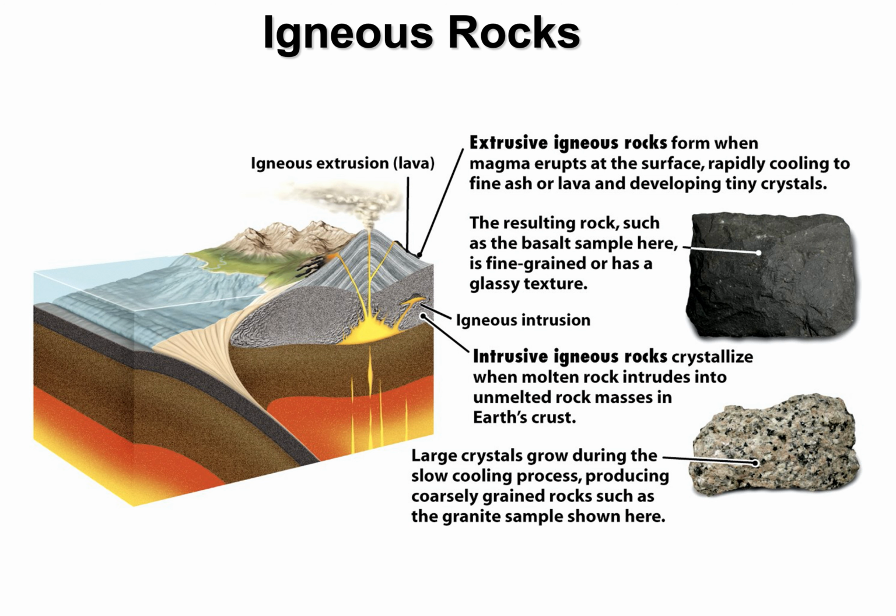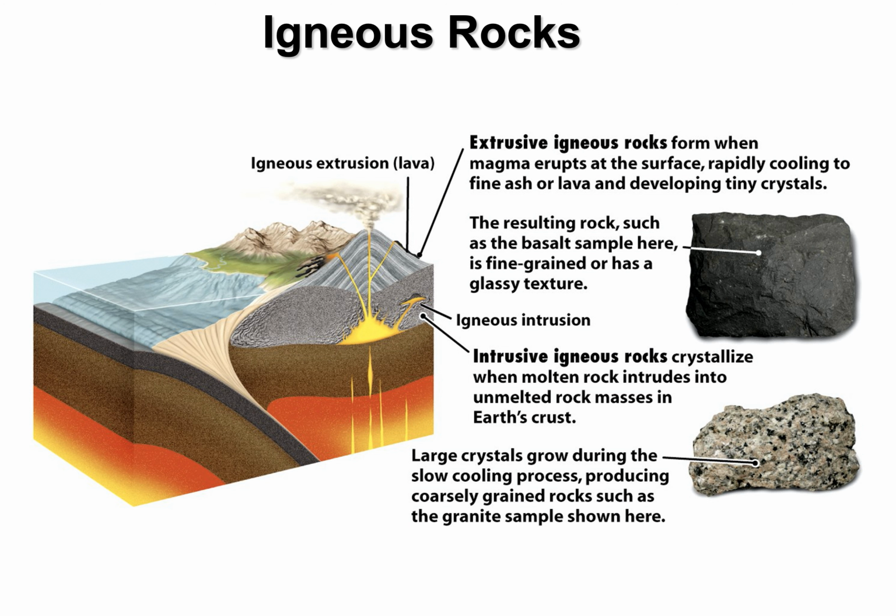Afterwards it becomes rapidly cooled down due to the contact with water or air, and then it forms fine-grained ash or lava, with the development of tiny crystals. The resulting rock, for example, is a basalt, a very fine-grained rock which may even have a glassy texture.